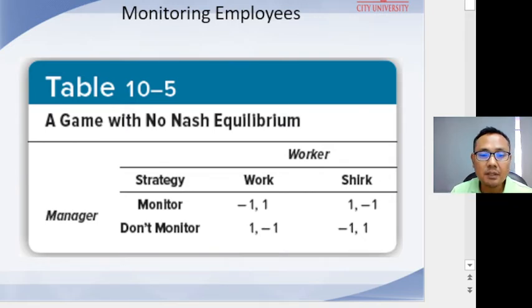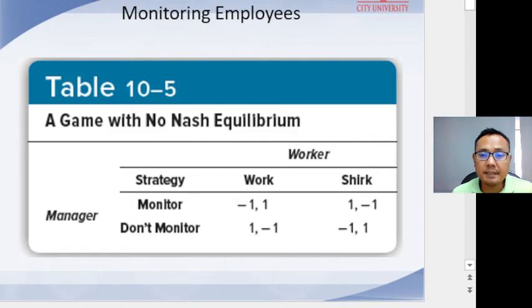Okay. So the thing to notice in this example is that both the worker and the manager want to keep their action secret. If the manager knows what the worker is doing, it will be curtains for the worker, and vice versa. So in such a situation, players find it in their interest to engage in a mixed or randomized strategy.